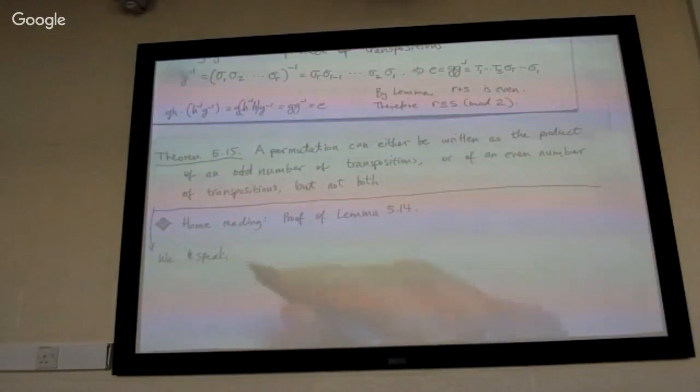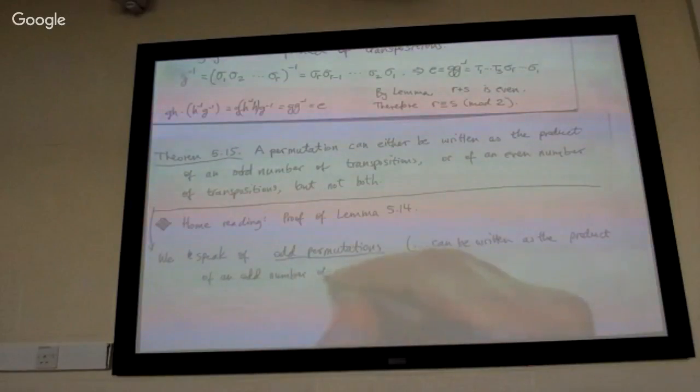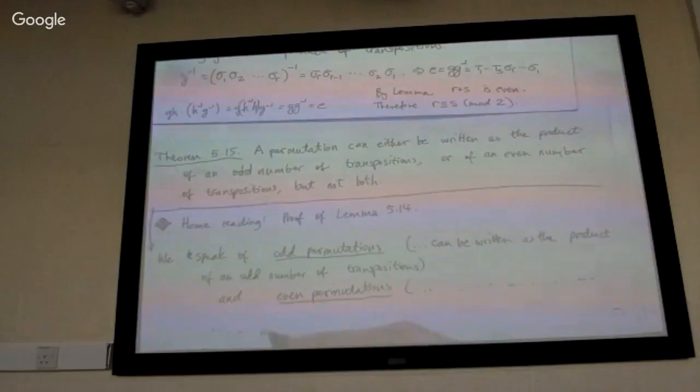There are those that can be written as the product of an odd number of transpositions, and even permutations, which are the ones that can be written as the product of an even number of transpositions.